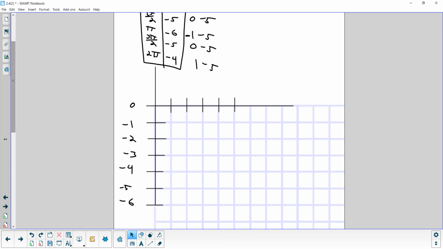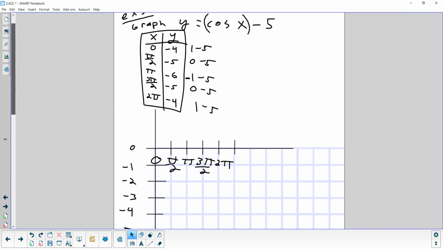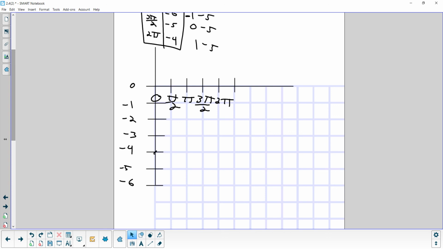You're fine to put your x's right here. No chance we're going to draw over those because everything's going to be shifted way down. Negative 4, negative 5, negative 6, and back to negative 4. All right, and now sketch that as part of your wave. There you go.